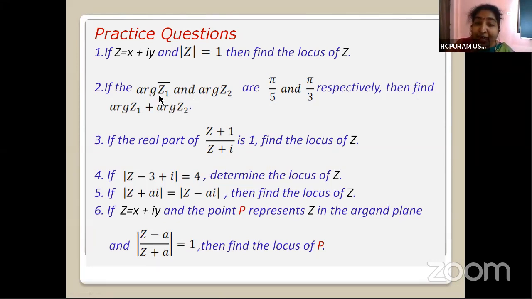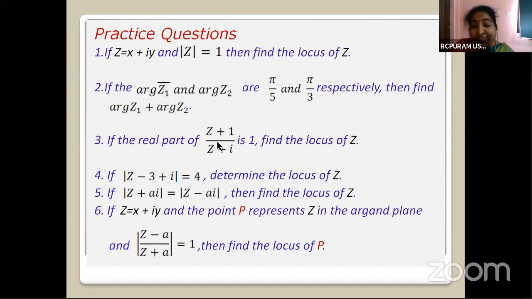So here argument of Z1 bar is pi by 5, so you can calculate the argument of Z1 with the hint I have given, and argument of Z2 is pi by 3, isn't it? So you can just substitute in the given condition and get the result.